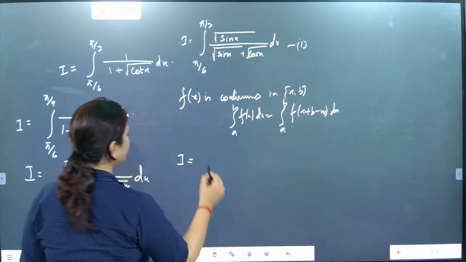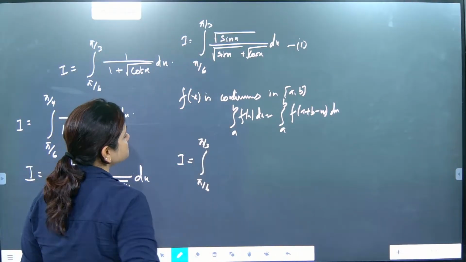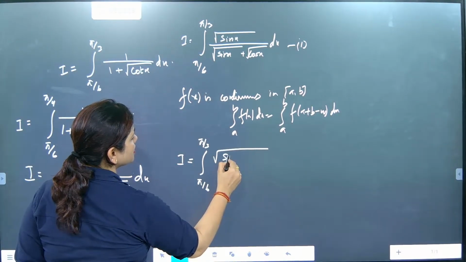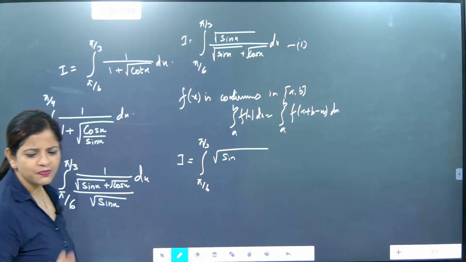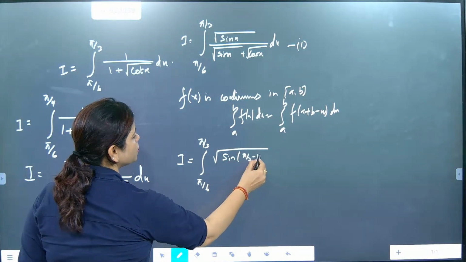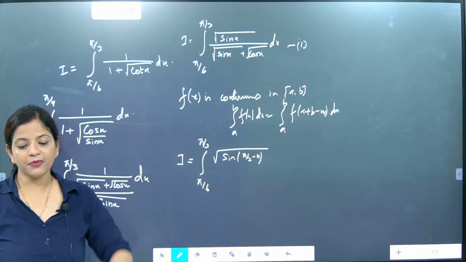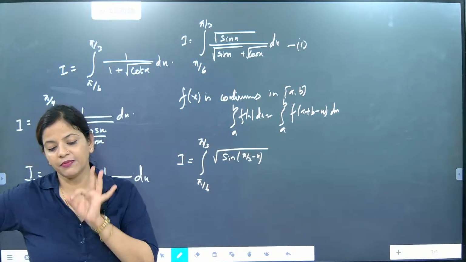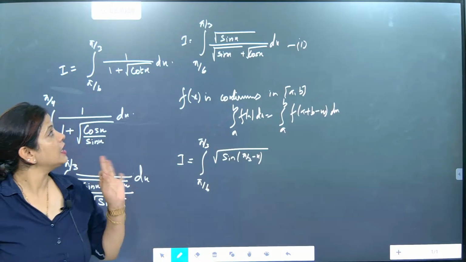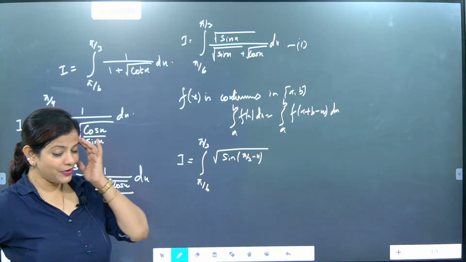Done. Now here it will become pi by 6 to pi by 3, sine of pi by 6 plus pi by 3 minus x. So it will become directly pi by 2 minus x. Why? Because a plus b minus x. What is a? Pi by 6, and b is pi by 3.